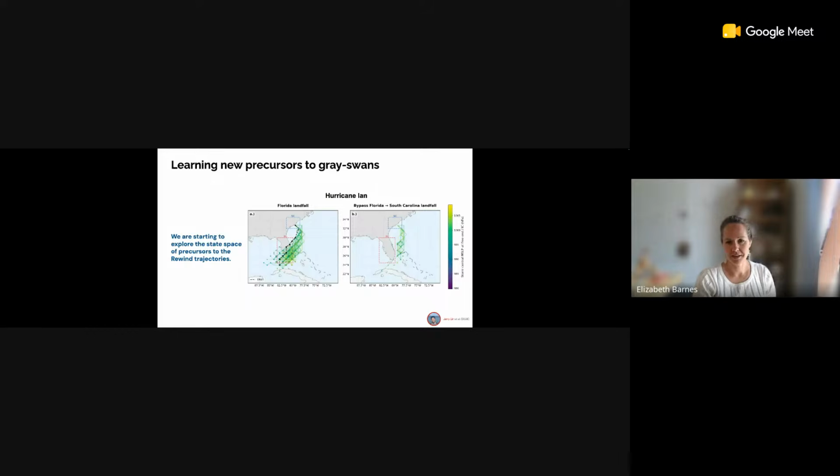Another reason we think this is particularly exciting is, here's an example again from Hurricane Ian, and we can start to explore the state space of precursors. So from the 1,000 member ensemble for this landfall, we were able to separate it into members that didn't make landfall over Florida, or bypass Florida, and those that did. This can be helpful both for downstream impact studies, so trying to understand the different ways everything unfolded.